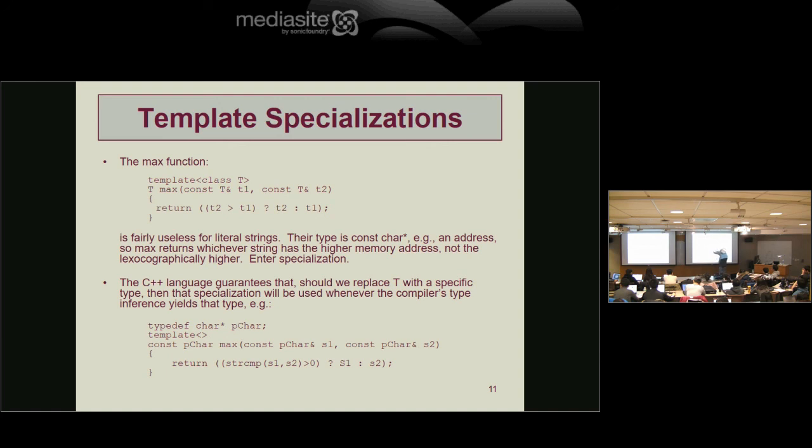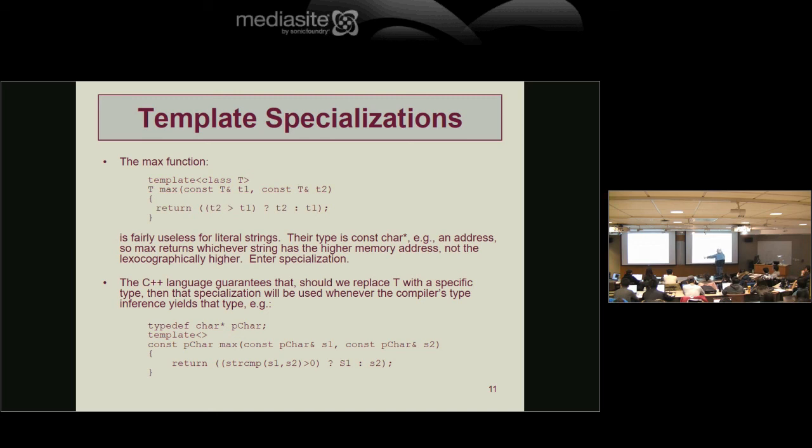But if it's an identical match, then the compiler guarantees that it will use your specialization for that type, not the generic template. So here I've said type T is char star equals p char.